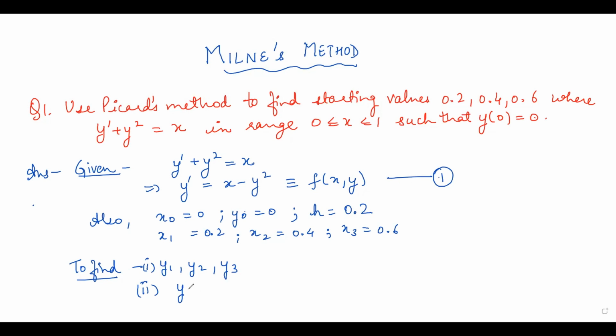So in this, we will be finding the value of y at x4 is 0.8, and at 1. So this is what we need to find. It depends upon the question. If you need to find out the 2 values, then you would have y at 0.8 and y at 1. So you could calculate that as well.